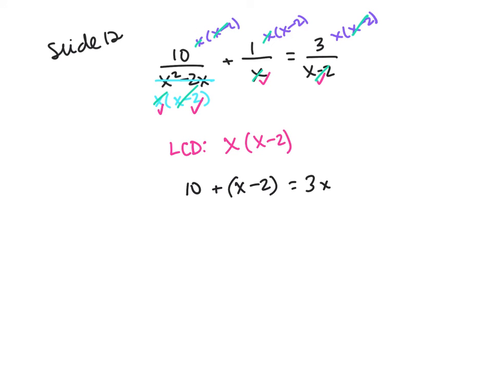There's nothing to distribute to those parentheses, so we can just ignore them. Now combine like terms, so 10 and negative 2 gives us 8 plus x. Subtract our 2x to the other side. Divide out our 2. And we are done.